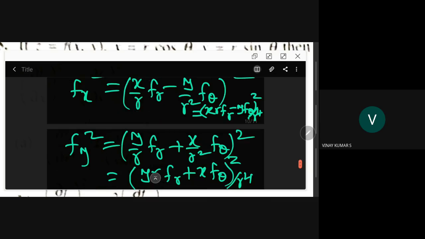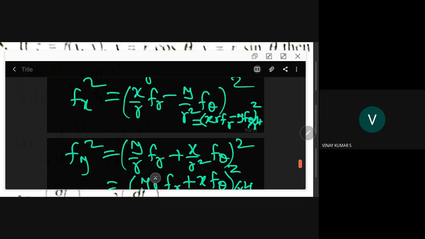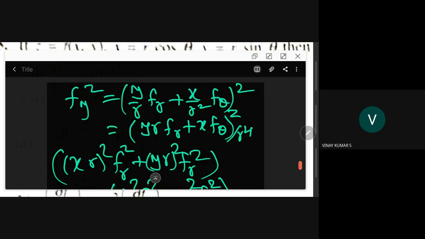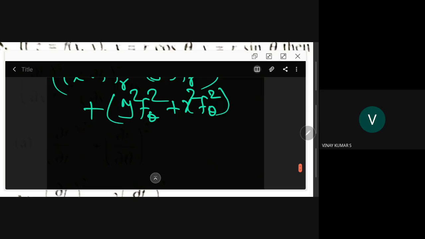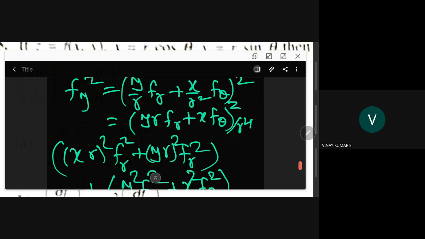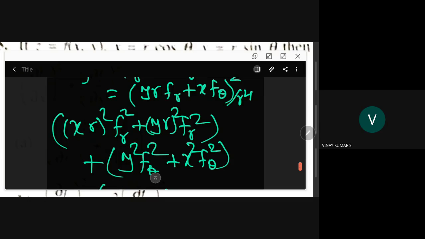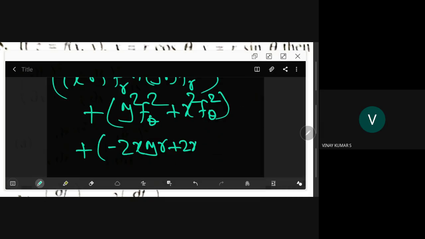Next are the 2ab terms: minus 2xyr in one, and plus 2xyr into fr f theta in the other.